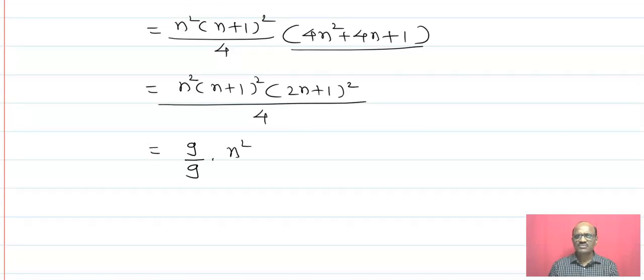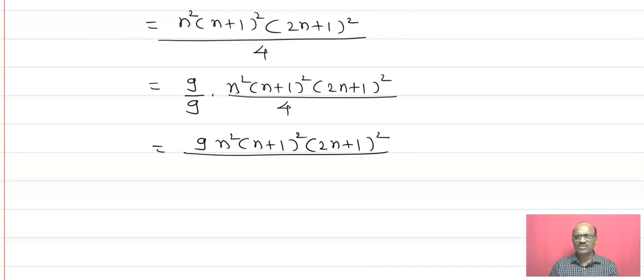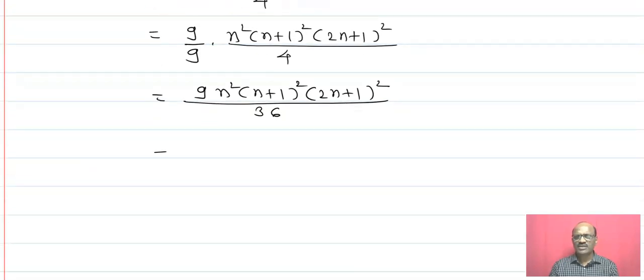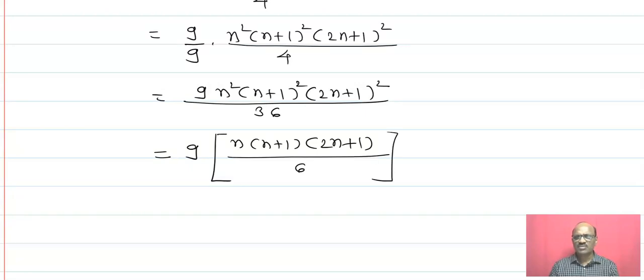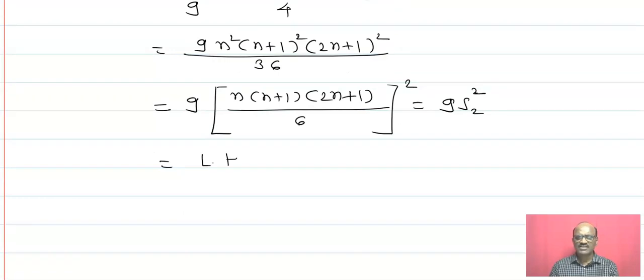which is equal to, that is 9 upon 9, we are adjusting there. Therefore, this is nothing but 9 times n square (n plus 1) square into (2n plus 1) square upon 9 into 4, that is 36, which in the bracket can be written as [n into (n plus 1) into (2n plus 1) upon 6] whole square, and that is nothing but 9 S2 square, and this is our LHS.